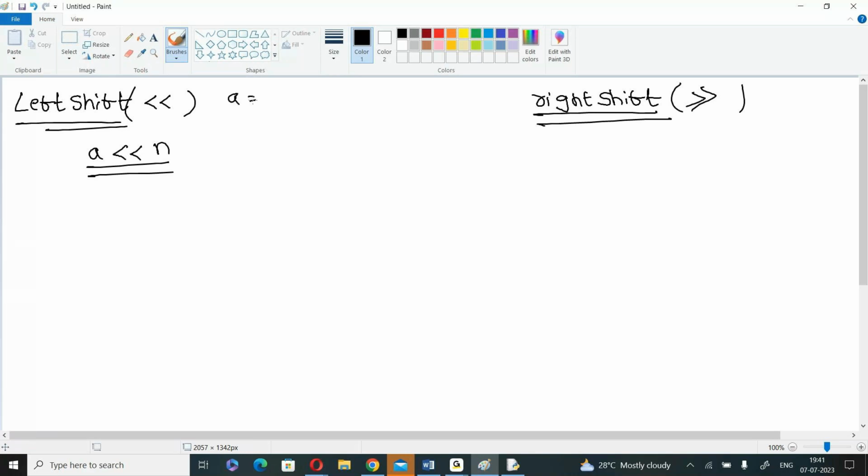Suppose assume A is equal to 5, n is equal to 6. That means what is my intention? The 5 is left shifted by 6 times. See this one. First write down the binary representation of 5. This is my 5, 1, 0, 1. Actually, on the left side we have zeros.